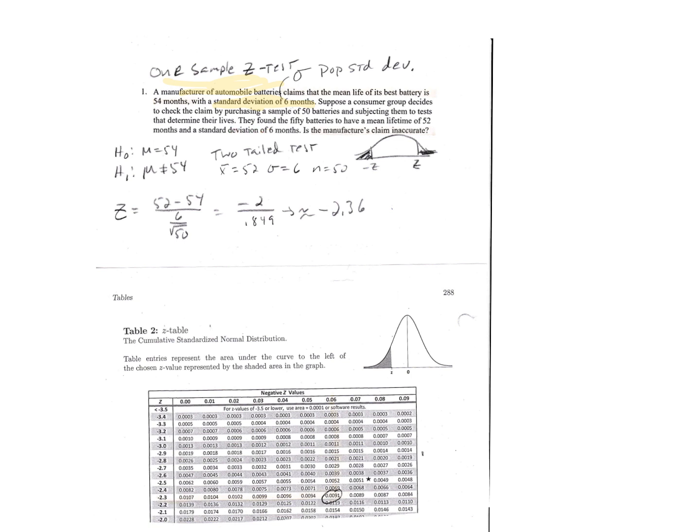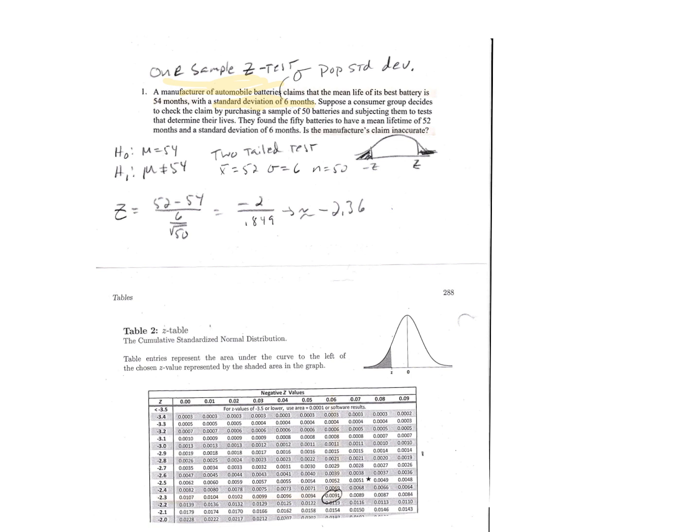So what do we do? Well, our null hypothesis is that the mean equals 54 months, and because they aren't telling us whether, the consumer group could be thinking, well, maybe the batteries don't last that long, because if they last longer than that, that's a good thing for consumers. But since we could go either way, we could go with a two-tailed test.